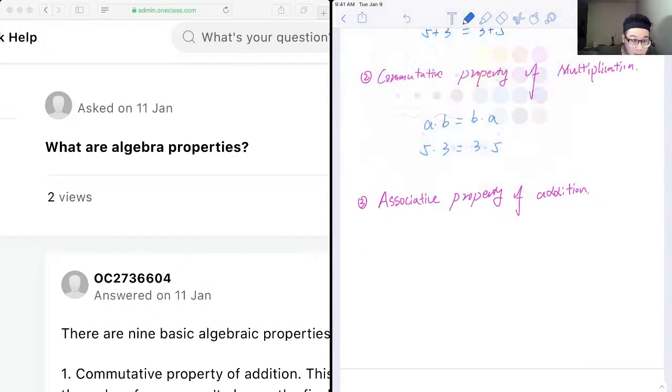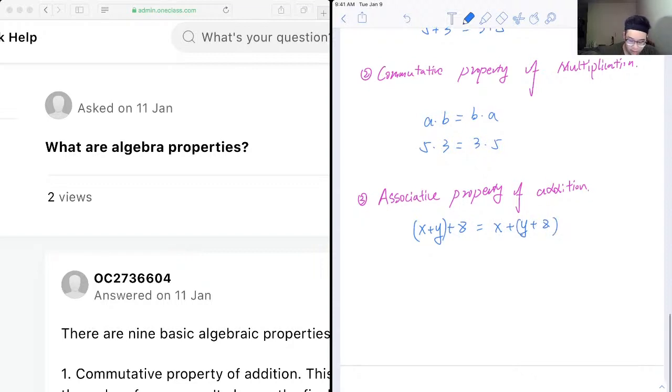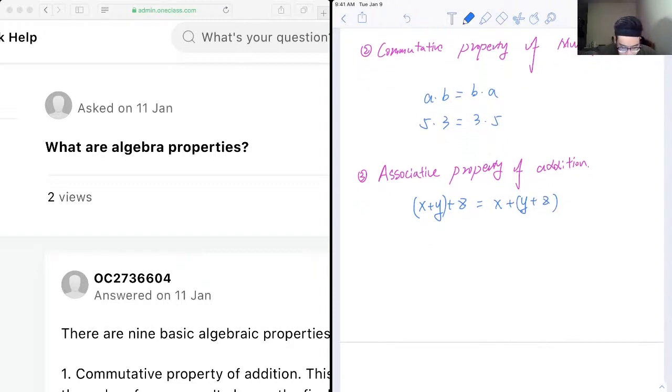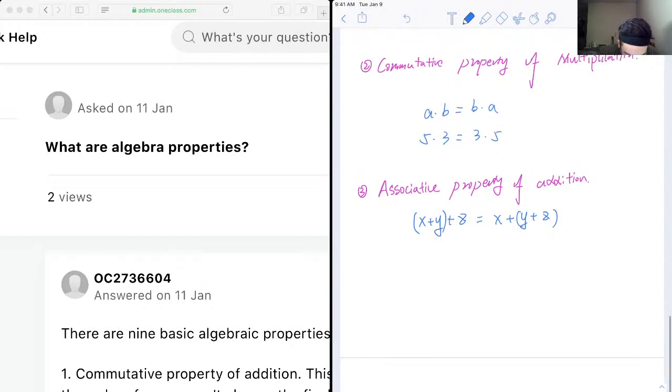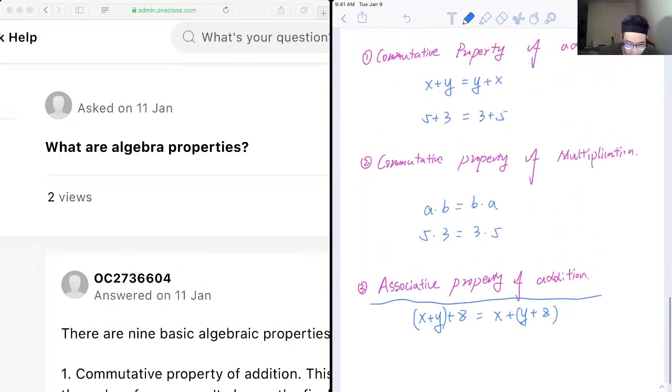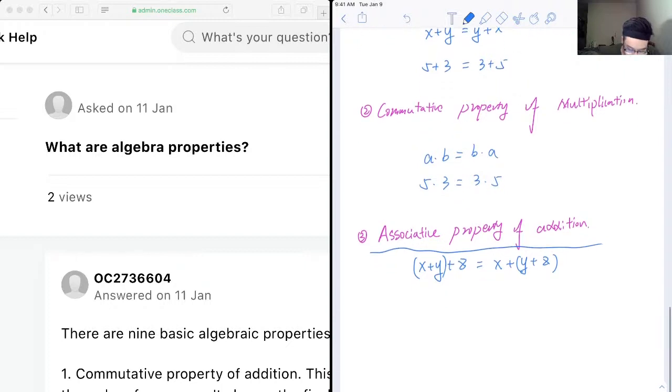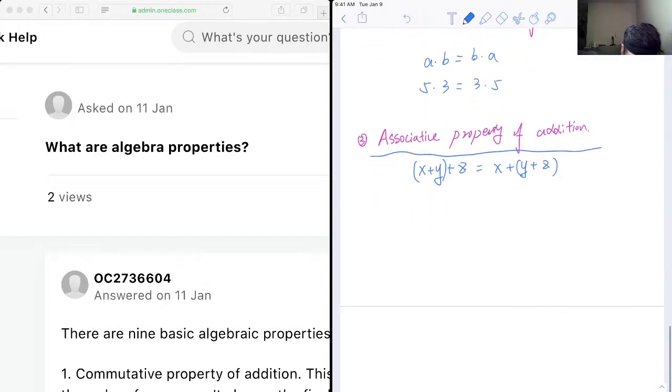In this case, if we have x plus y plus z, grouping the first two will be equal to the answer of grouping the last two terms. Oh, and the example I gave above should follow the associative property of addition instead of the commutative property of addition. So let's write that down again.